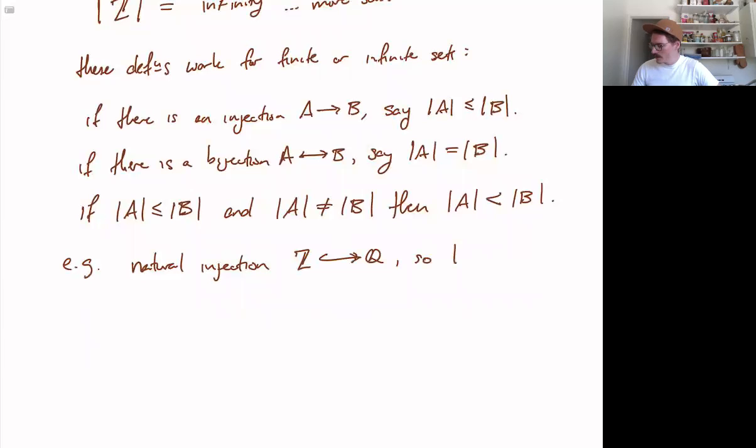So what this shows is that the cardinality of the integers is less than or equal to the cardinality of the rational numbers. We don't know yet whether it's equal or strictly less, but we can say that it is less than or equal to. Cool.